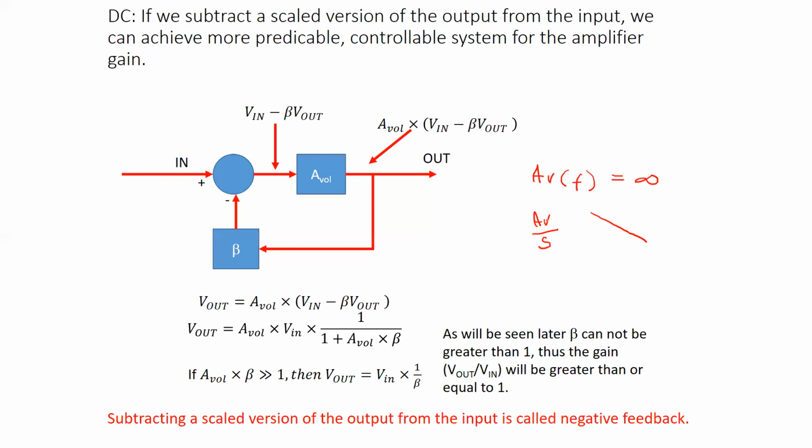Now, this is an easy model to work with, but a more accurate model is this. And then there are op-amp models with 7 poles in them.